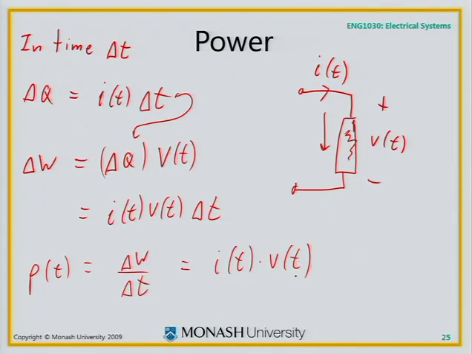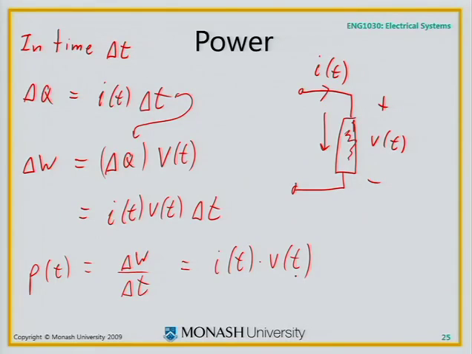The power being absorbed by that box up there is I times V. So you get a nice simple relationship between power, voltage and current: P equals I times V. It all came just from thinking about moving charge across voltage differences and the fundamental definitions of what a voltage difference is and what current is.